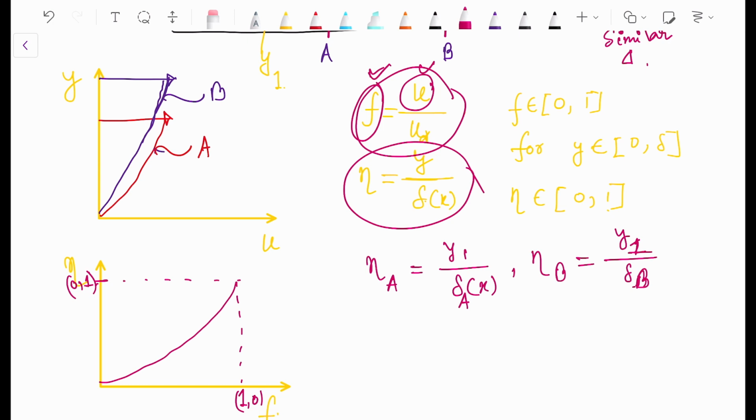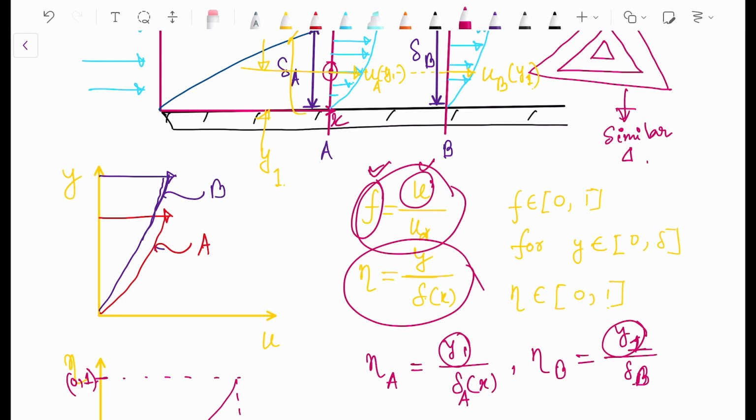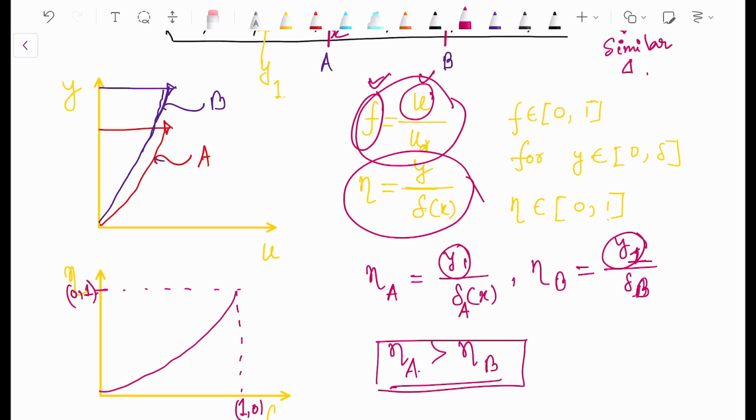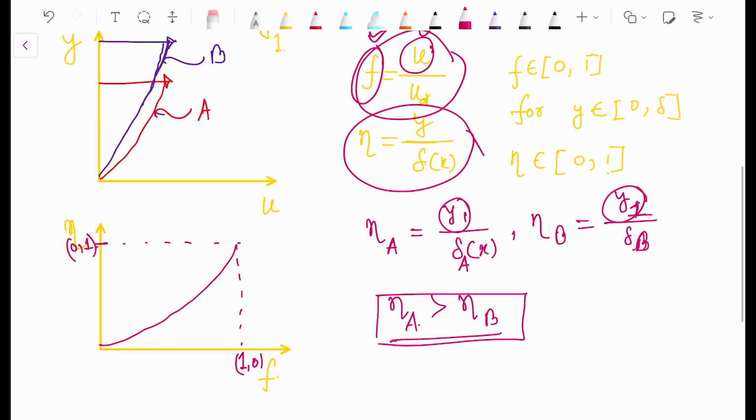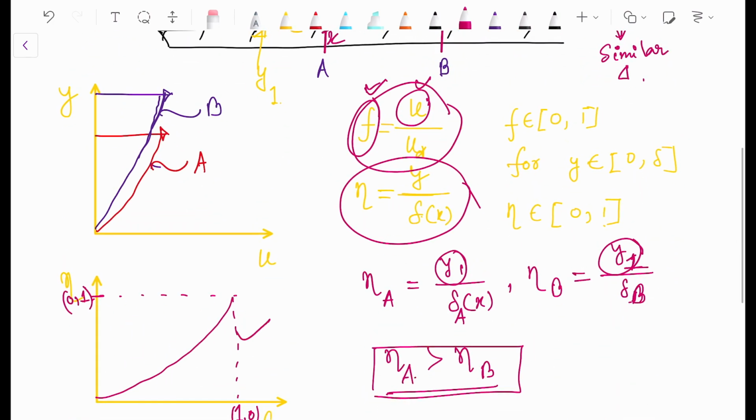But now if I consider eta, delta A is less than delta B, but the y coordinates are the same, that means eta A is greater than eta B. So at y1, uA is less than uB, but eta A is greater than eta B. If I plot f versus eta, then all the velocity profiles will be superimposed into a single graph.